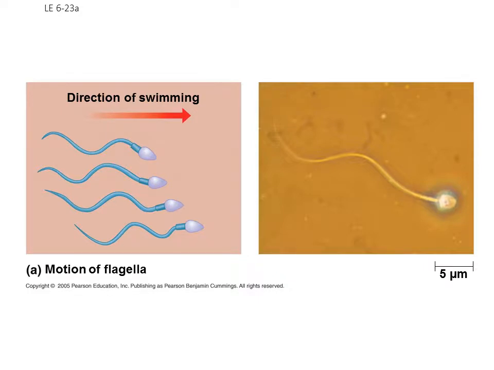This shows a flagella being used by sperm. It is a motile appendage that helps cells move.